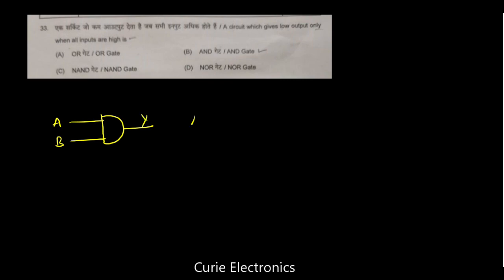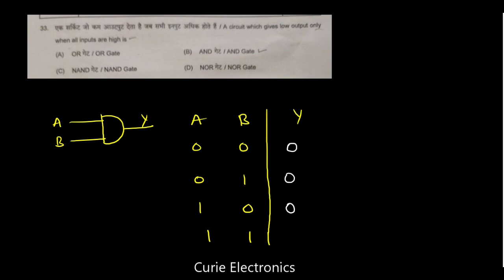The truth table for Y is 0, 0, 0, 1. For an AND gate, when all of its inputs are high, we get output as 1. Now if we take the complement of this, we get Y bar: 1, 1, 1, 0.